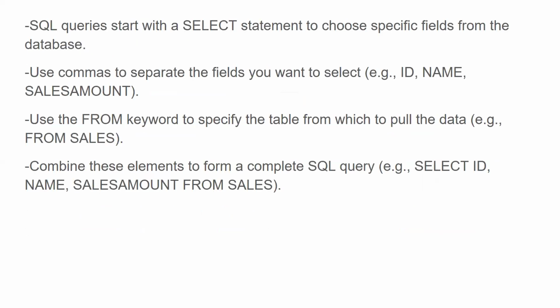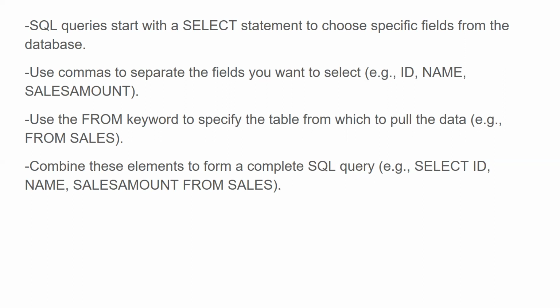Then SQL queries start with select statements, provided you have Microsoft SQL Server installed and running, right? So SQL queries start with a select statement to choose specific fields from the database. So use commas to separate the fields you want to select, for example, ID, name, sales amount.